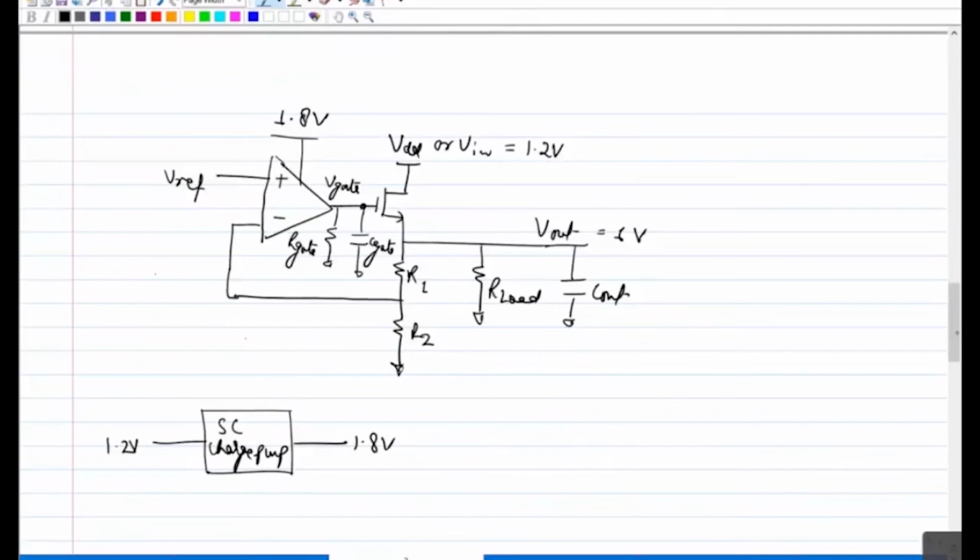But as I mentioned earlier, when you have a bigger system, you will have multiple modules, and some modules may require large current, some smaller current. Let's say from 1.8 volt you want to drop to 1 volt, and that 1 volt you are supplying to a module where load current is, let's say, 10 milliamp, but your total system current may be 10 amp.